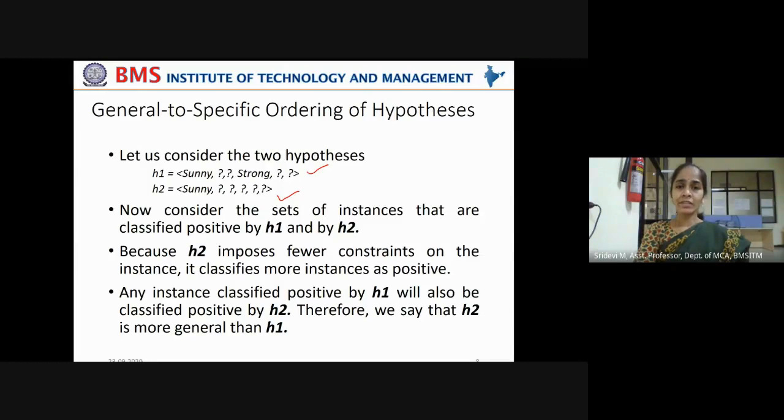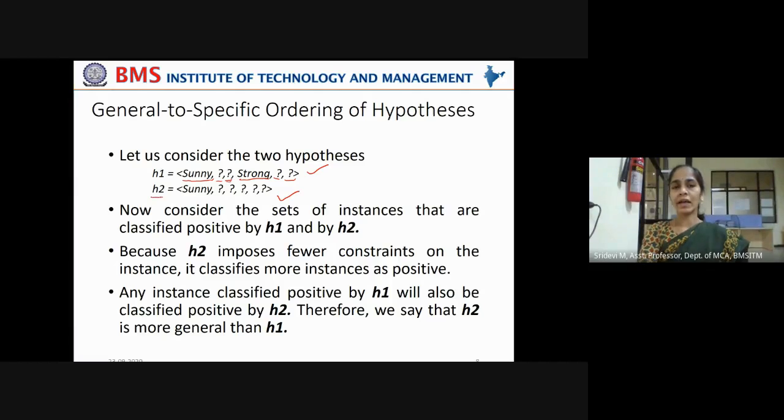Hypothesis H1 can accept any instance with the first value as Sunny, the second attribute any value, the third attribute any value, the fourth attribute value maybe wind speed should be strong, and the fifth and sixth attribute values can be anything again. This is your first hypothesis.